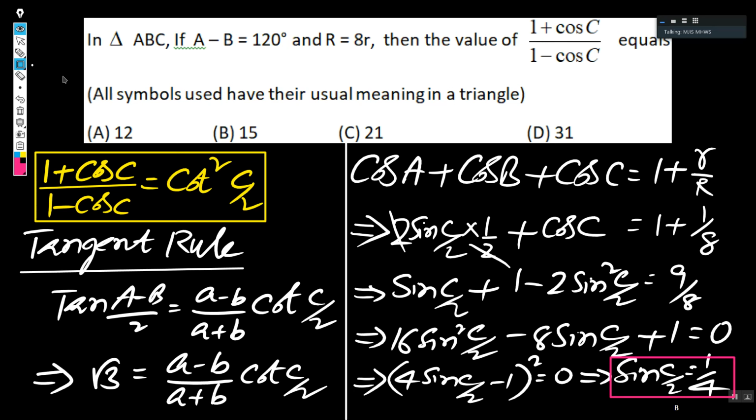Now cot square C by 2 can be written as cosecant square C by 2 minus 1, which is 1 by sin square C by 2 minus 1, that is 16 minus 1, 15.